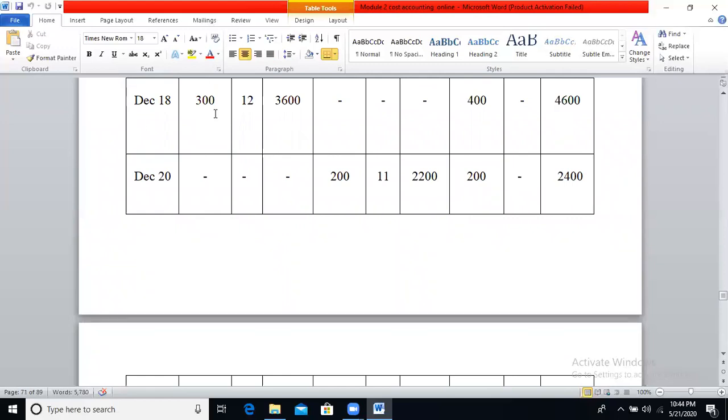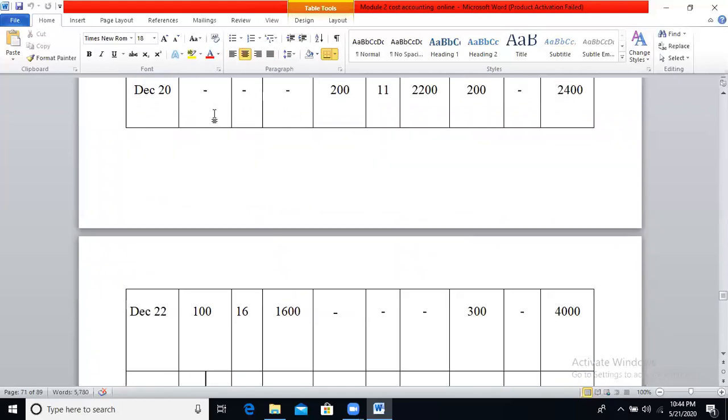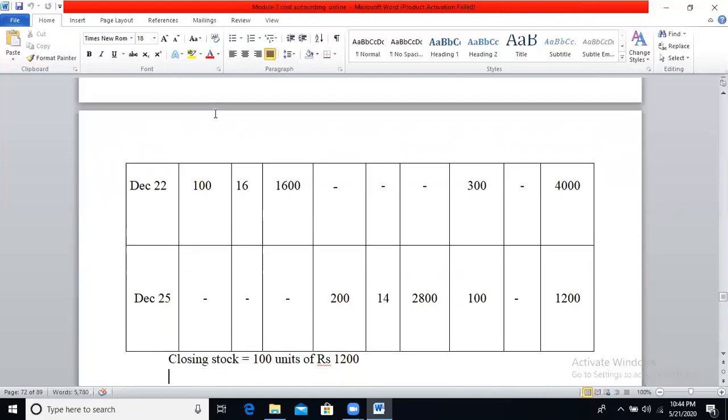It means you have to take the average of these two prices, that is 12 plus 16 divided by 2. So 12 plus 16 divided by 2, you will get 14 as the average price. So 200 into 14, you will get 2800. If it is issue, you have to deduct: 300 minus 200, you will get 100. And 4000 minus 2800, you will get 1200.